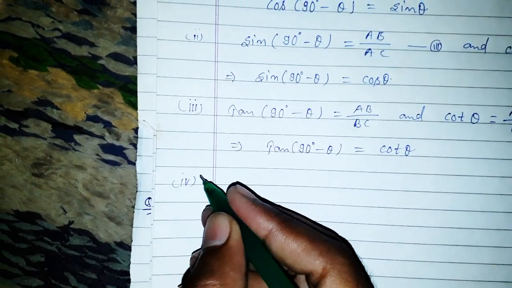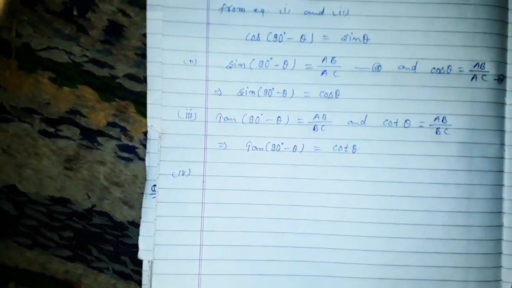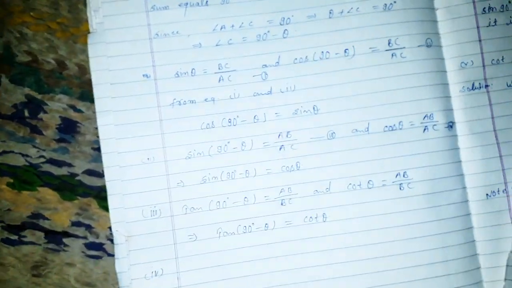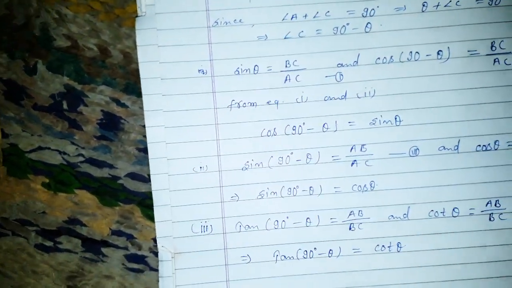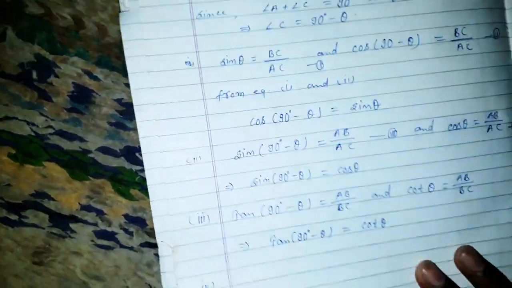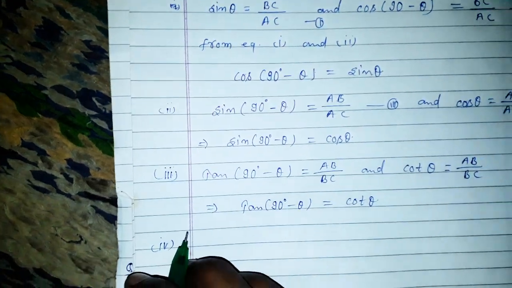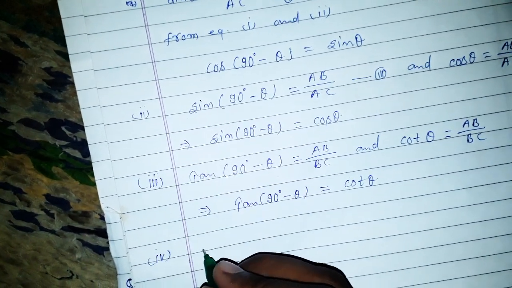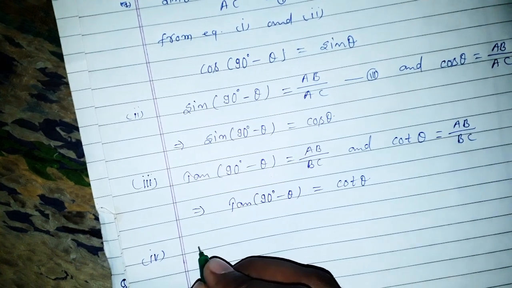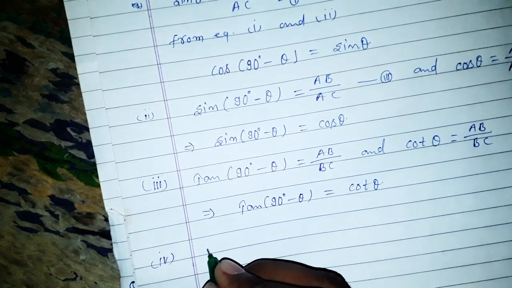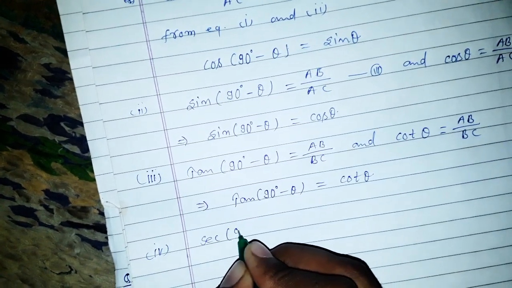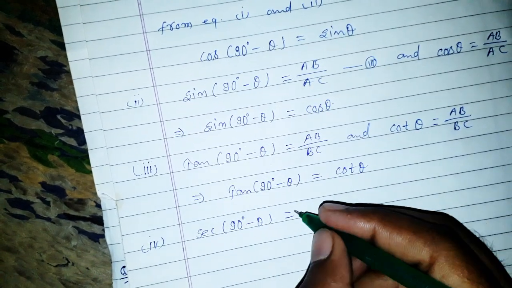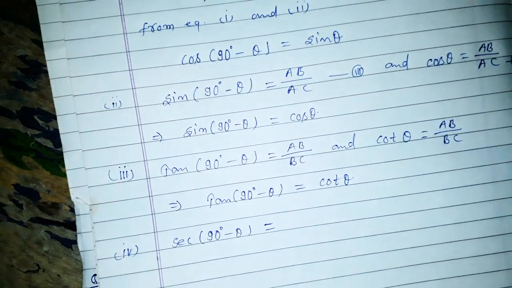Fourth: sec and cosec also find. Here sec 90 minus theta is equal to, what is sec?